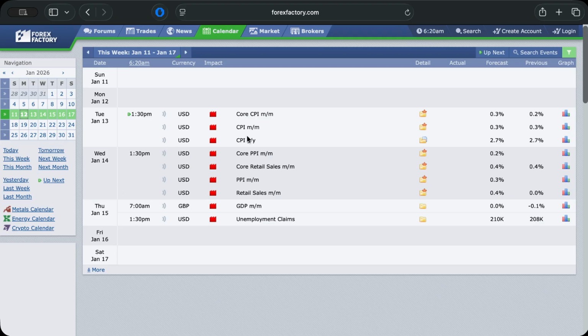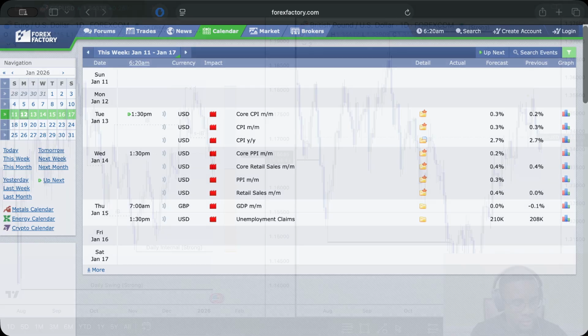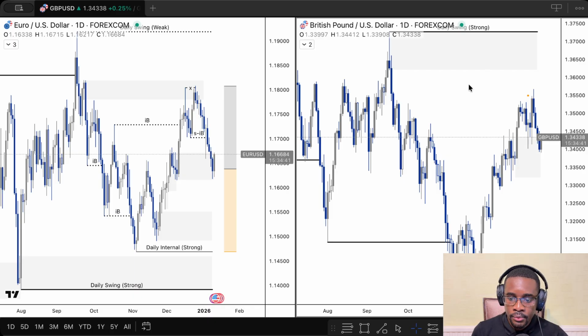Wednesday we have PPI as well, and then Thursday we have GDP and unemployment claims. So these are key events. That means we're going to expect a lot of movement, a lot of volatility in the markets this week, particularly starting tomorrow.